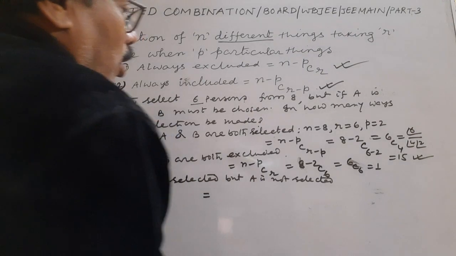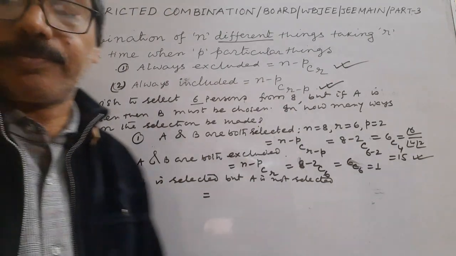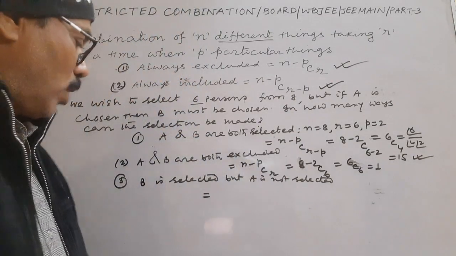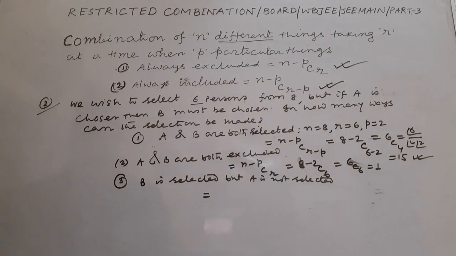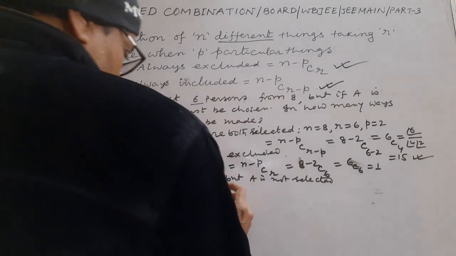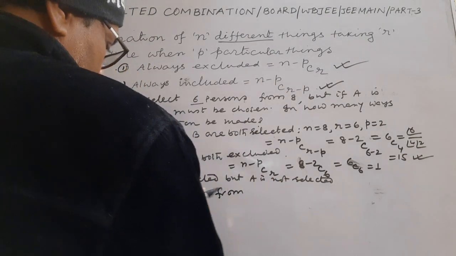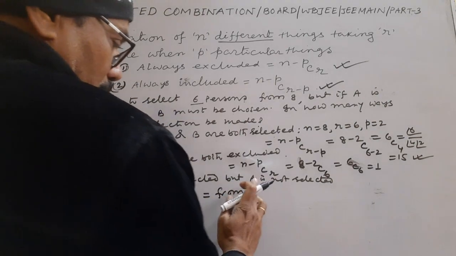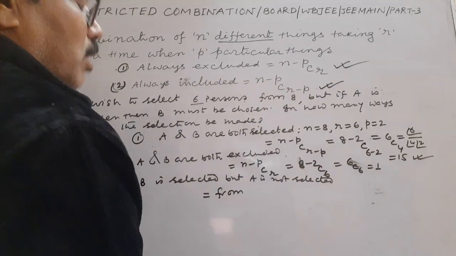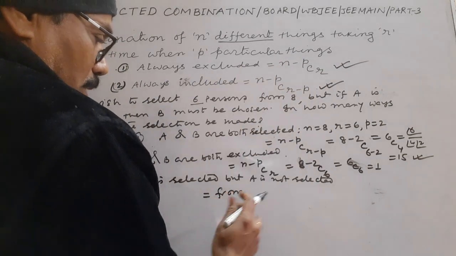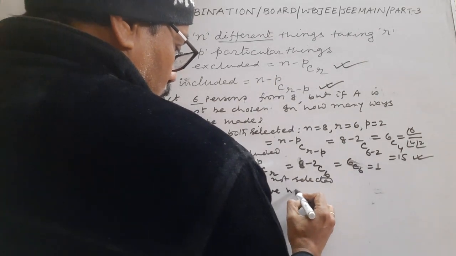So selection of 6 in which one is included and another is excluded. That is, B is selected, excluding A at first. So what is the total? 8. So from 8 minus 1, that is 7, we have to select.